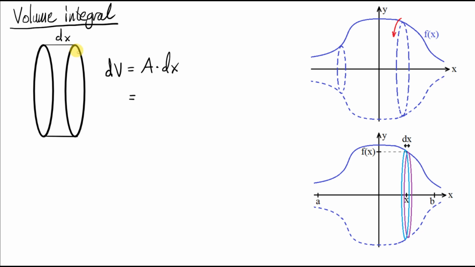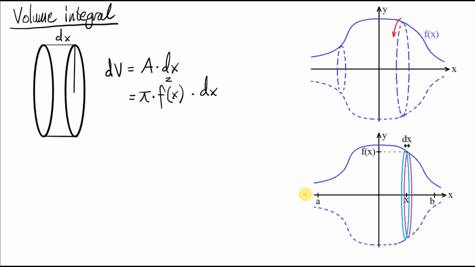And the base area is just the area of a circle. What is the radius of this circle? Well, it's just the function value, because the height here is the function value. So if you take the function value as the radius, then we get pi f squared, and then multiply with dx. So this is the volume of this slice.